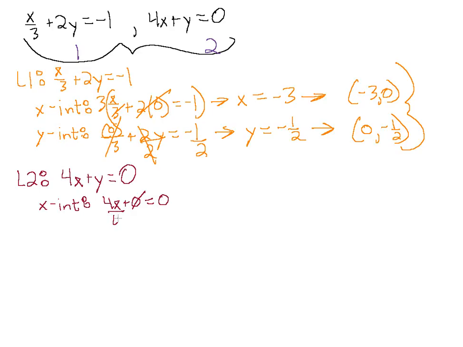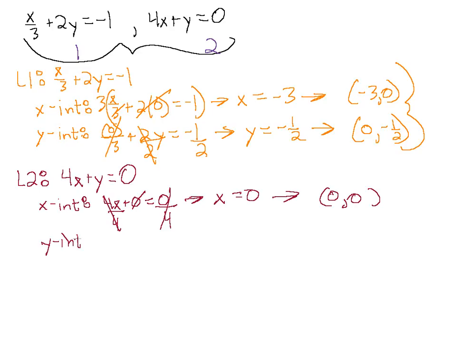We can do it as a formality, just to show you what we're doing. Those two cancel, so x by itself equals 0. So we know that our x-intercept is the origin. We know that this line goes through the origin, and we know our y-intercept.